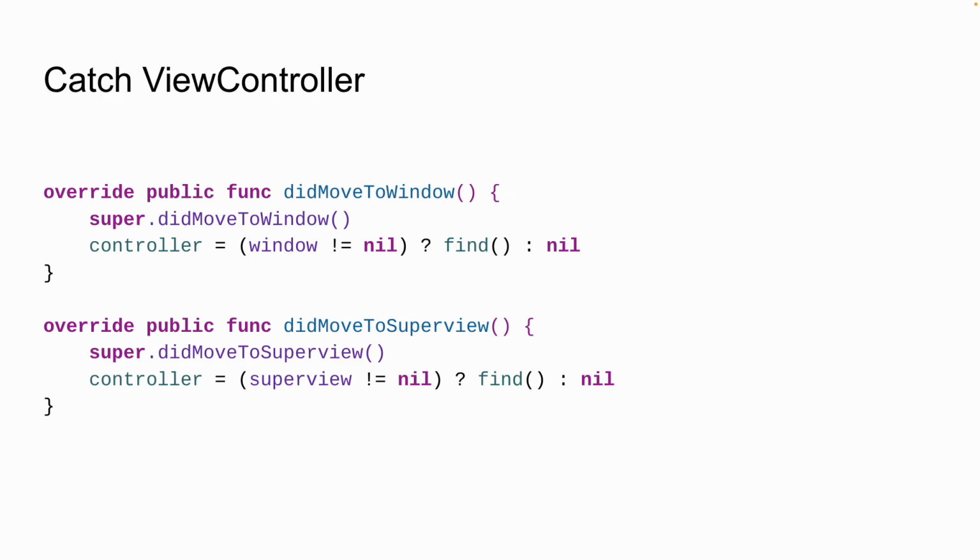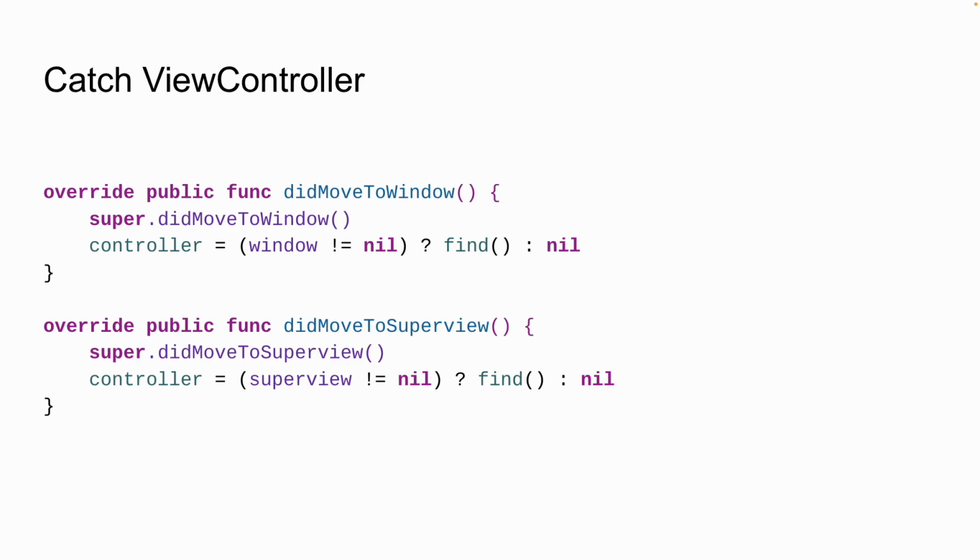For integration of SwiftUI in UIKit, we could use UIViewRepresentable, and inside it we could use some usual UIView. And in this UIView, we could override two methods, didMoveToWindow and didMoveToSuperview.